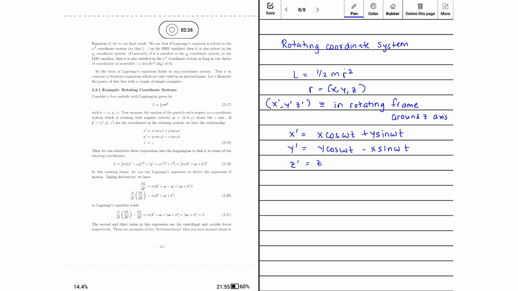So if we rewrite, now I have to rewrite the velocity r dot in terms of the dashed coordinates.